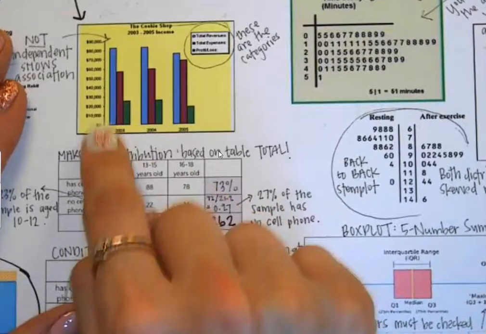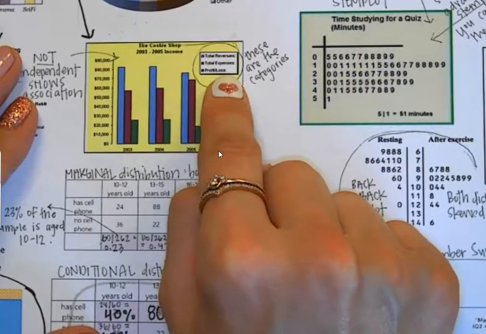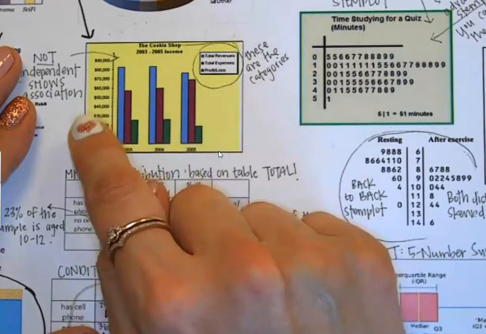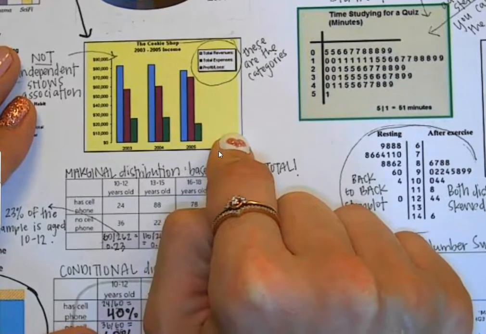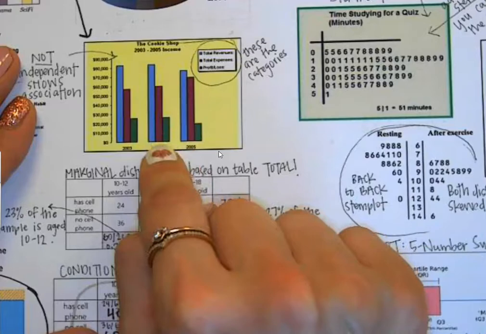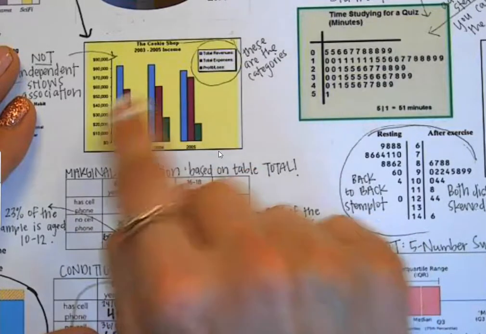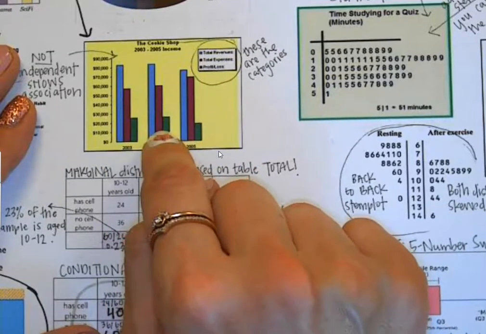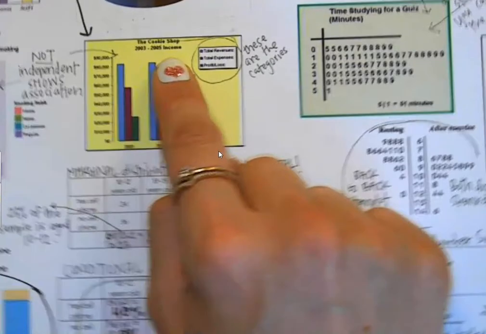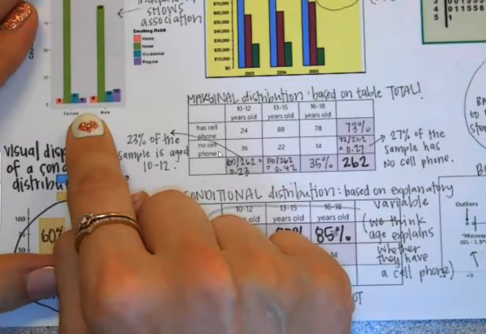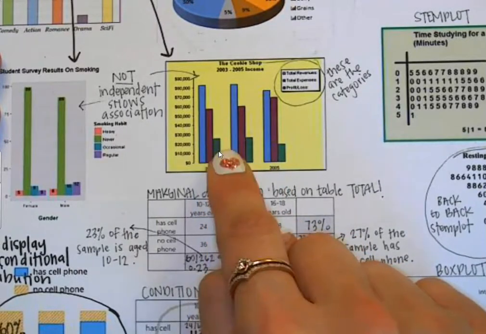Here, there's an association between the year and your revenues, expenses, and profit because these bar charts do not look exactly the same. In fact, these are almost the same, but this middle bar is clearly bigger, so there is an association between the year and the income. So there is an association between gender and smoking. There is an association between year and income.